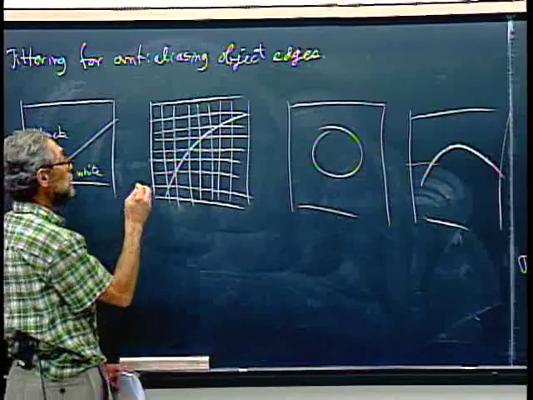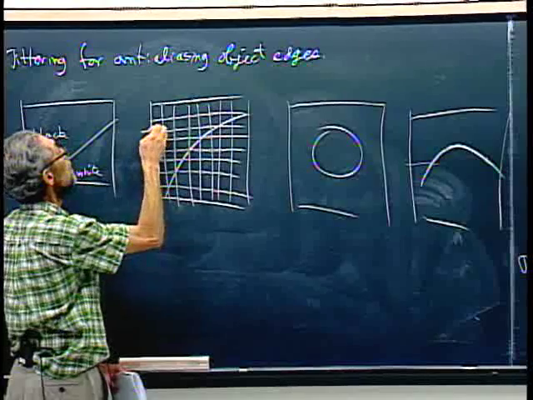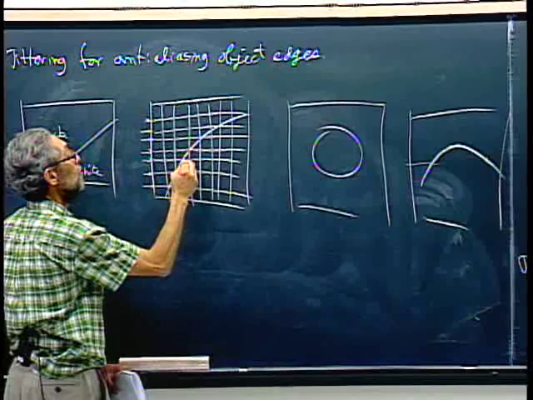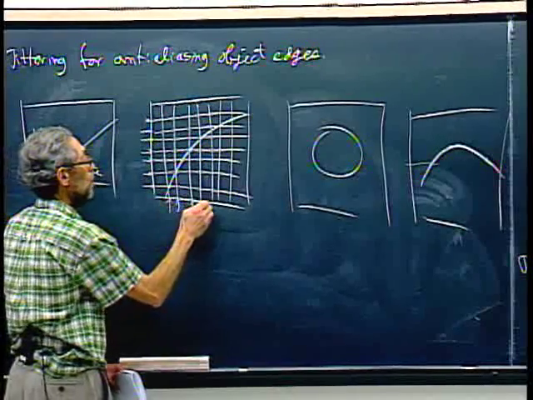So because it's monotone, it's going to cross these 7 lines at most, each of them at most once. And also these 7 lines, each of them at most once.